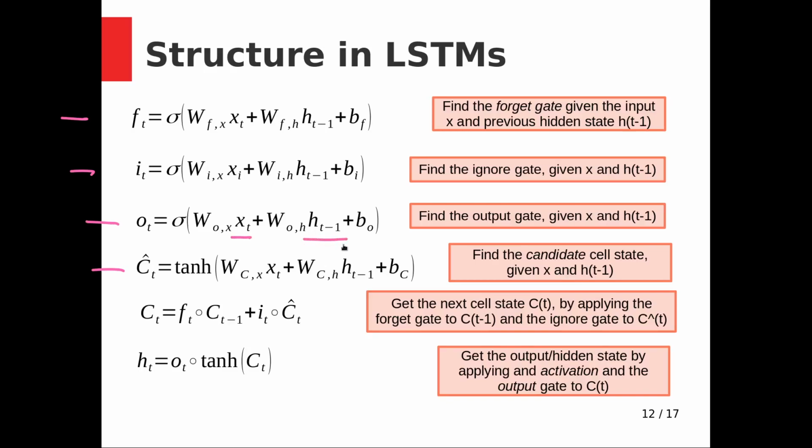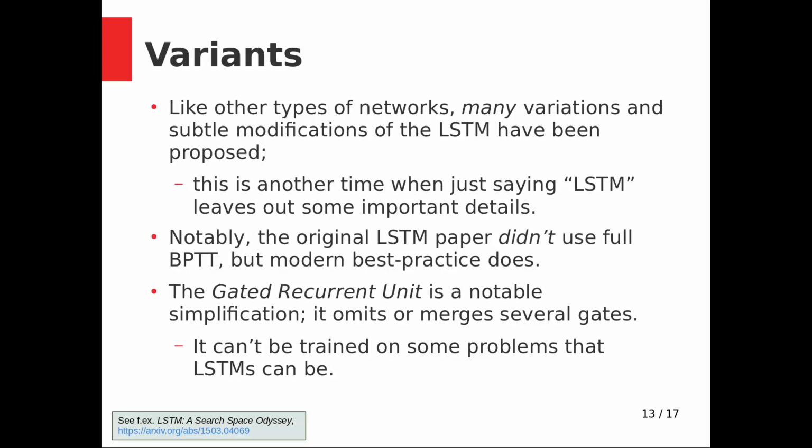An input and then a loop from the hidden layer. That is a lot of math. So a lot of people have sort of tried to simplify these things. There have been various modifications that merge some gates, drop some gates, whatever. The gated recurrent unit is a particularly popular one that, again, if memory serves, merges or omits several gates.